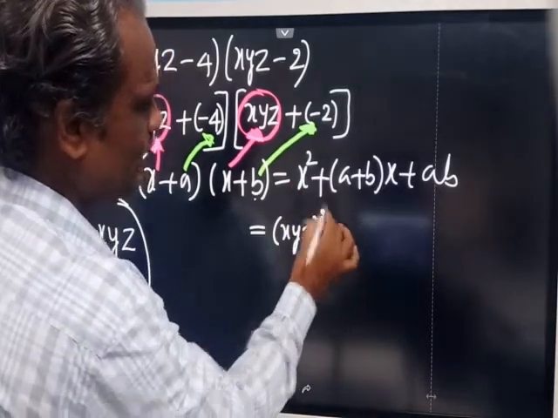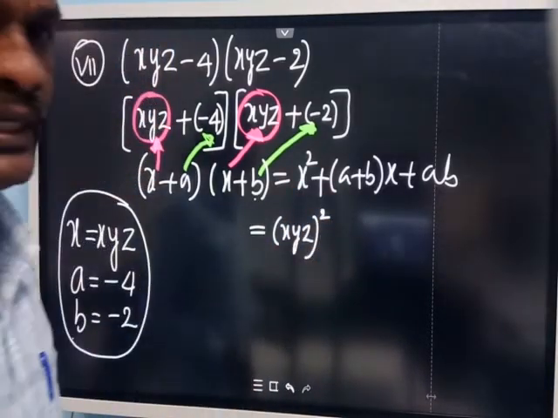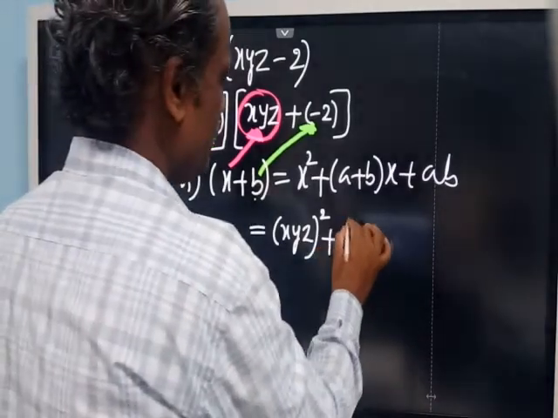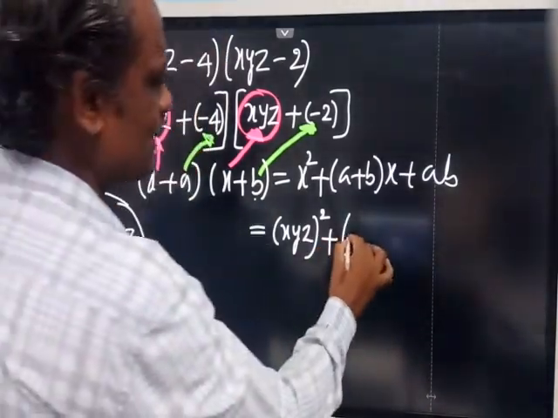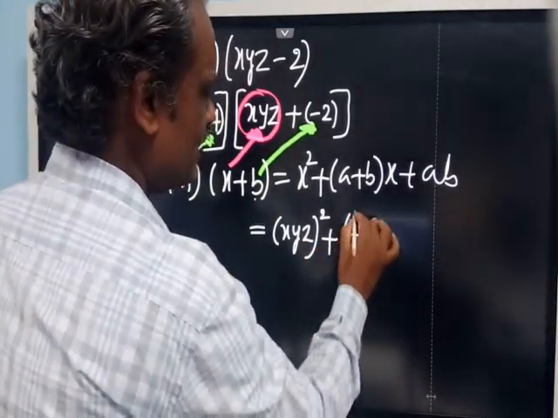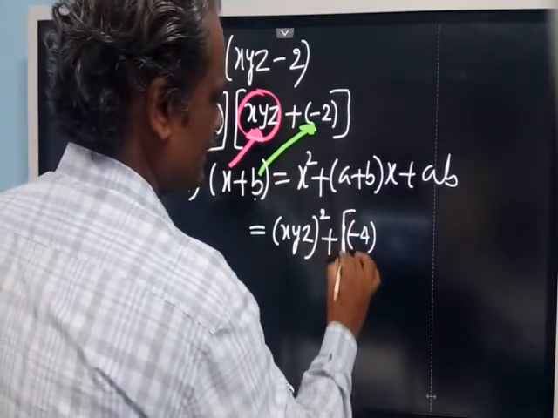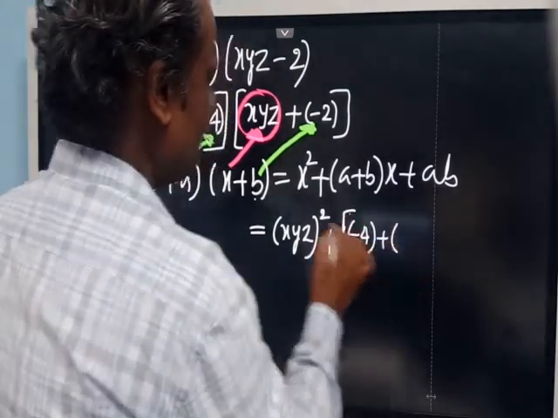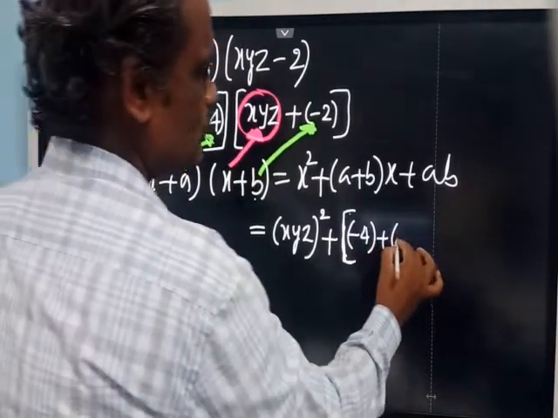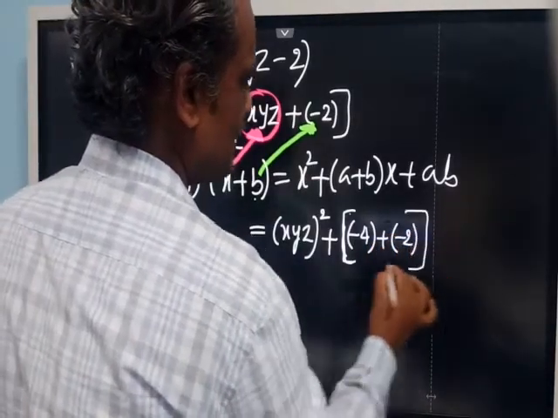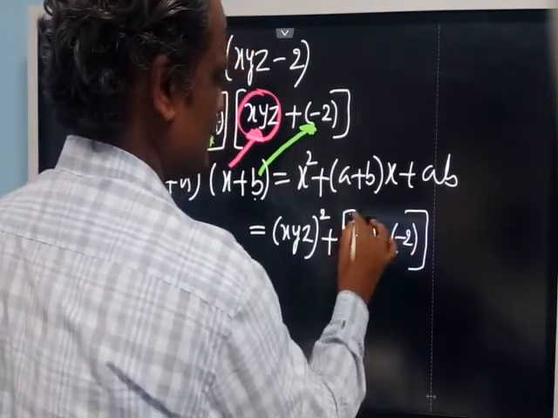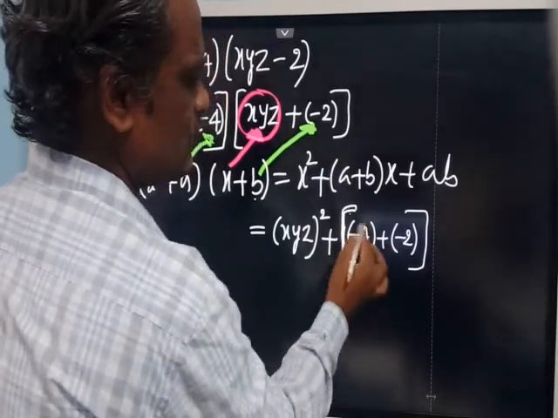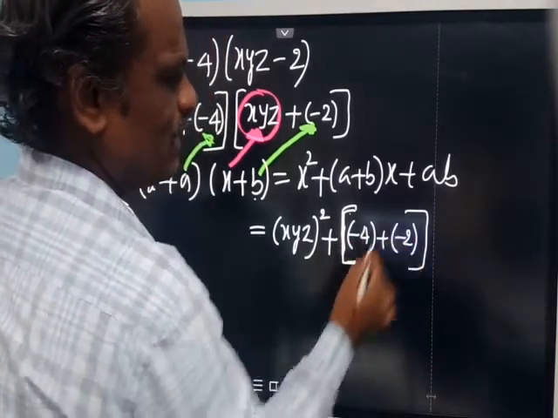This is square, so write whole square as it is. Then a plus b, a value is minus 4, so let us write inside the bracket minus 4 plus b value minus 2. I am writing inside the bracket because they are negative numbers.